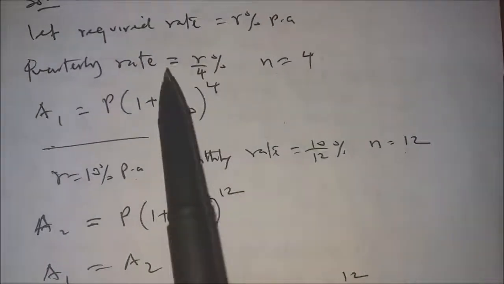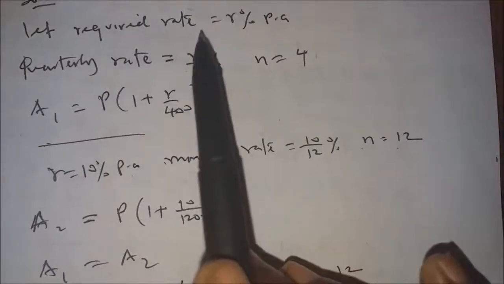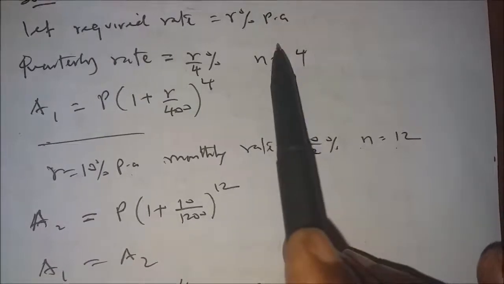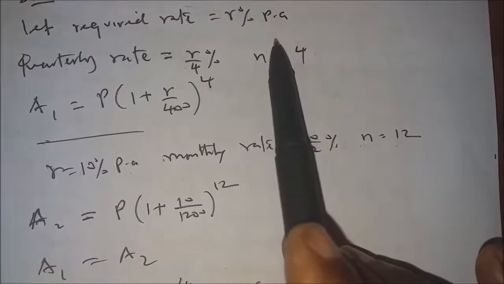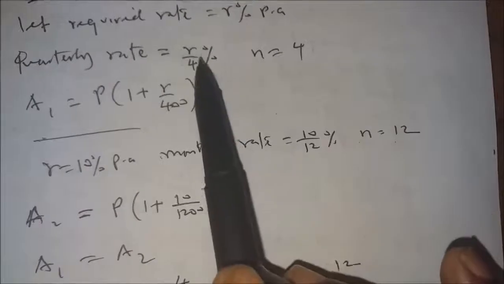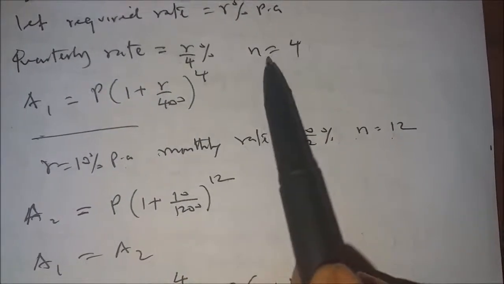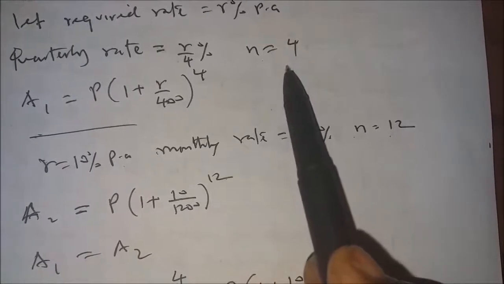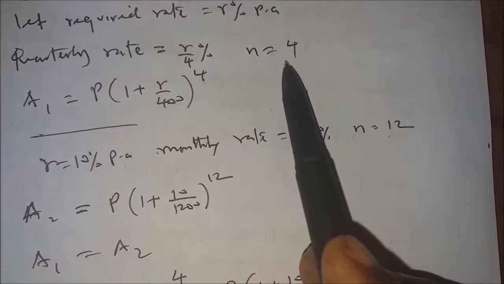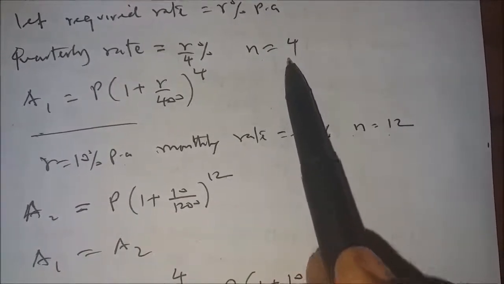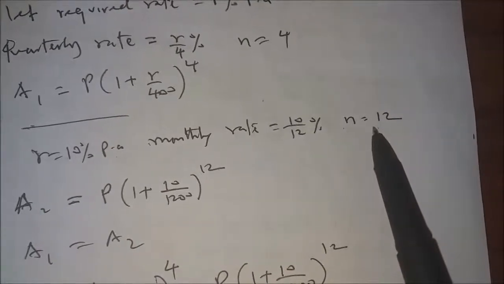In this other case, the rate is R% per annum, but compounded every 3 months. So we divide this by 4 to get the quarterly rate. And n equals 4 means in 1 year, interest is compounded 4 times, but here it is compounded 12 times.